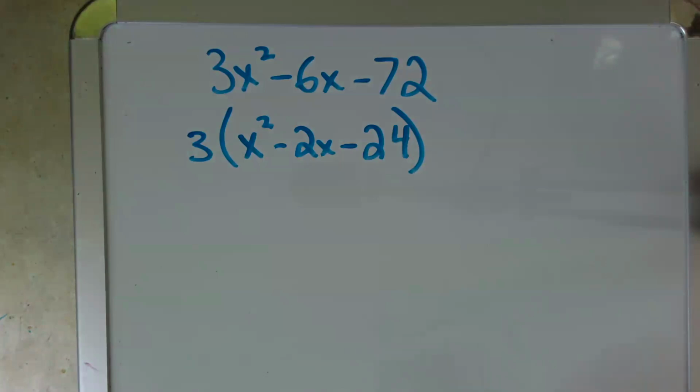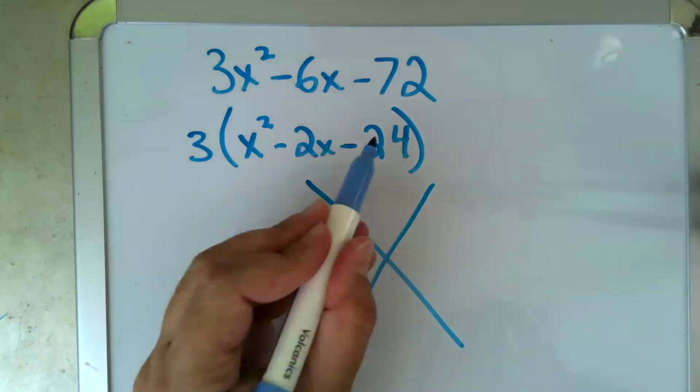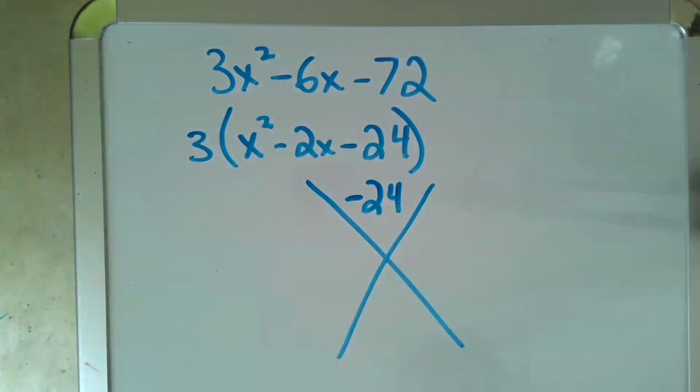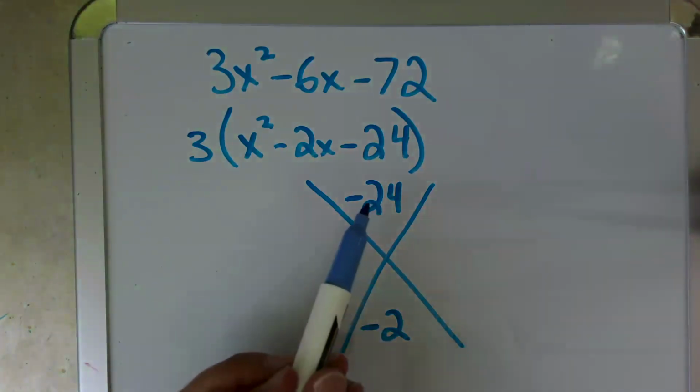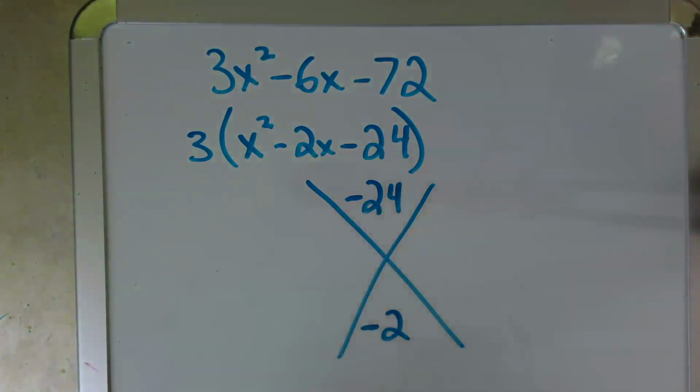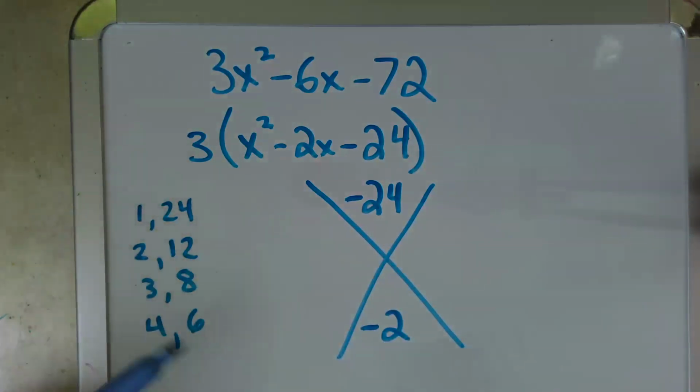All right, I'm going to throw my X method on the page. A times C in this case is negative 24. B is negative 2. I'm asking what multiplies to negative 24 and adds to negative 2. I'm going to write my quick factor list. Okay, a quick look through here shows me that these two are 2 apart.